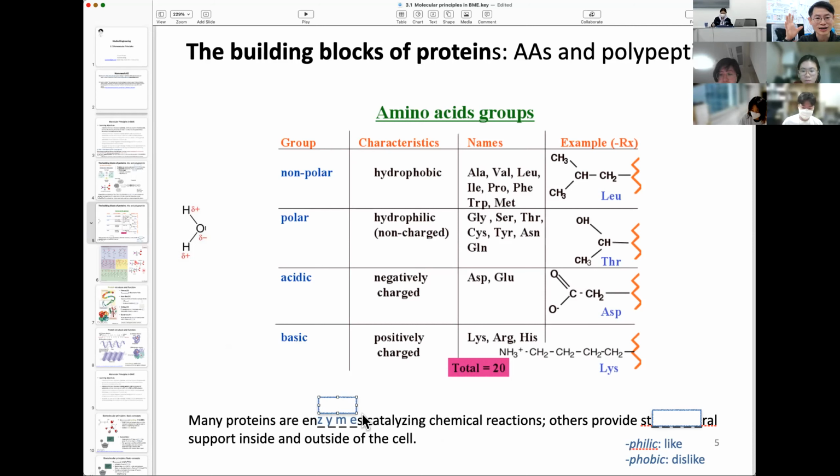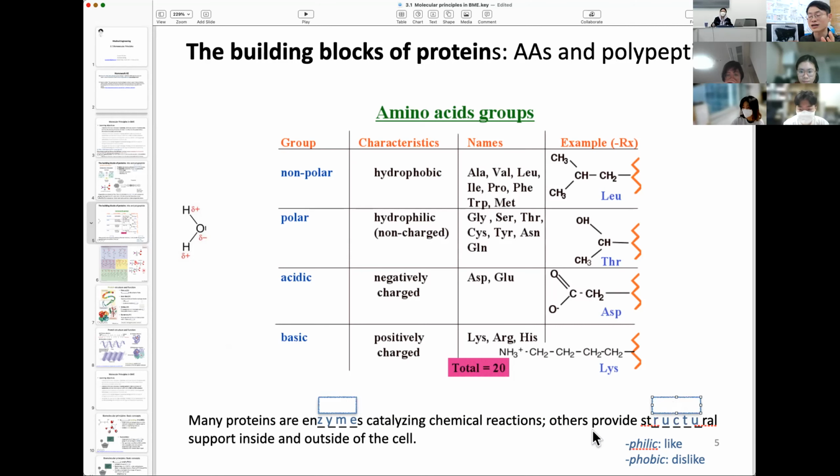So this is a kind of protein which is like a micro machine doing something, right? But other proteins may be a little different, which provide support inside and outside of the cell. Jung-woo, again, can you try to consider? Structural. Exactly, great.